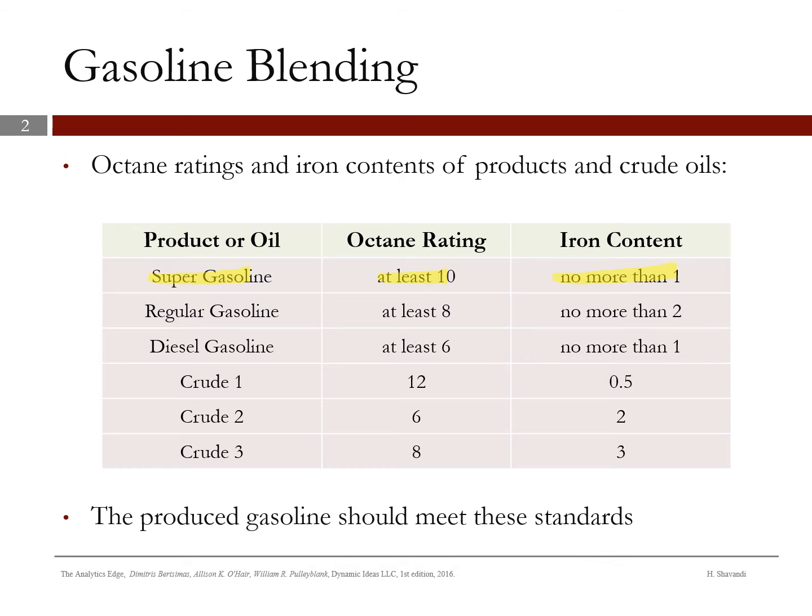For regular, the octane rating would be at least 8, and the iron content no more than 2. And for diesel gasoline, the octane rating at least 6, and the iron content no more than 1. And here we also have the octane rating and iron content for the crude oils.